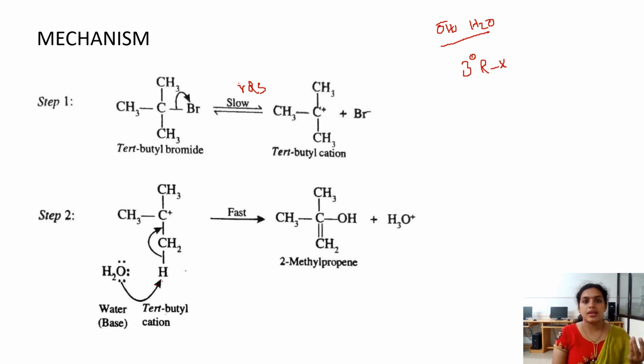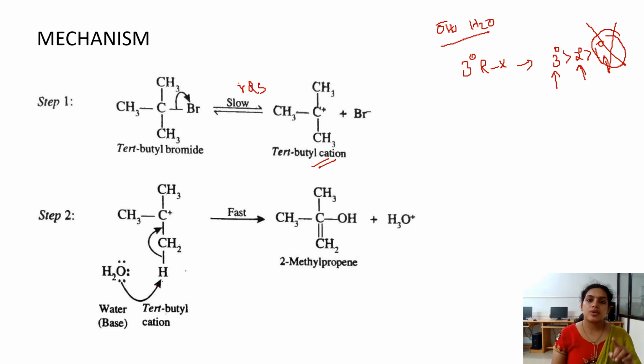Tertiary alkyl halides give predominantly elimination by E1. What is the reason? We saw that the intermediate is a carbocation, and the order of stability of carbocations is tertiary, secondary, primary. So tertiary alkyl halide will give a tertiary carbocation, secondary alkyl halide will give a secondary carbocation, and primary alkyl halide will give a primary carbocation. Primary carbocation is least stable, so it will not undergo elimination by the E1 mechanism.